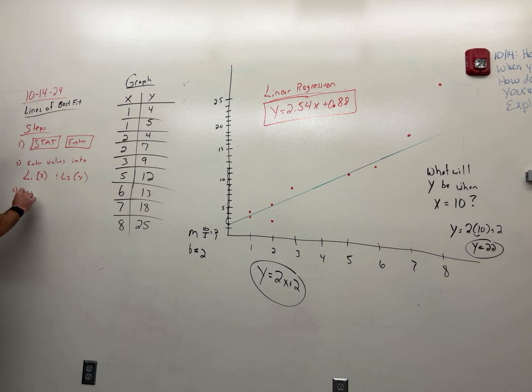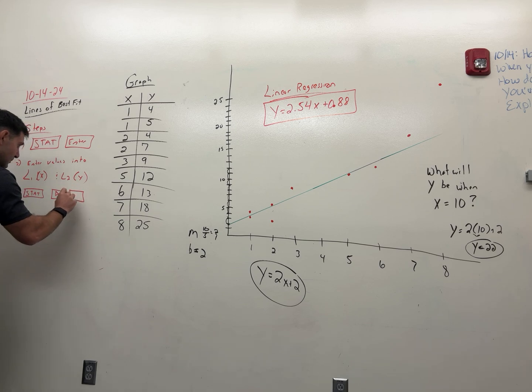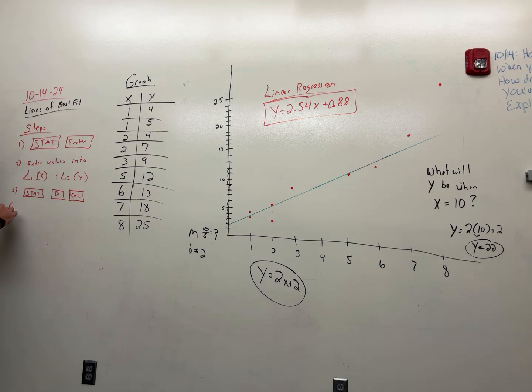Step 3, press stat, your right arrow, and calc. Step 4, move down to lin reg ax plus b. Press enter.